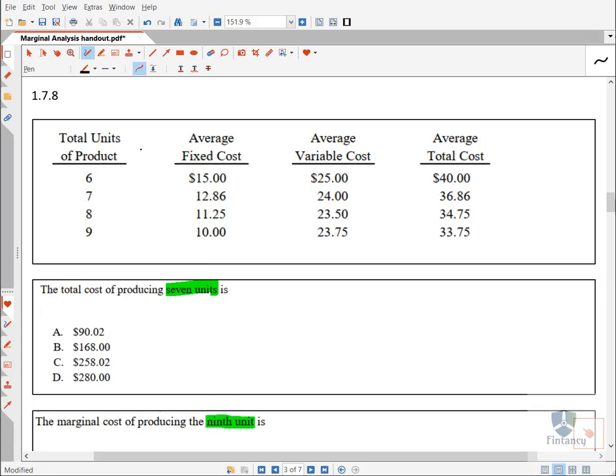If I need to know how much is the total cost of producing the 7 units, what will you do? Very simple. You will take the 7 and you will look for the total cost. You can multiply the 7 with the total cost, 36.86.